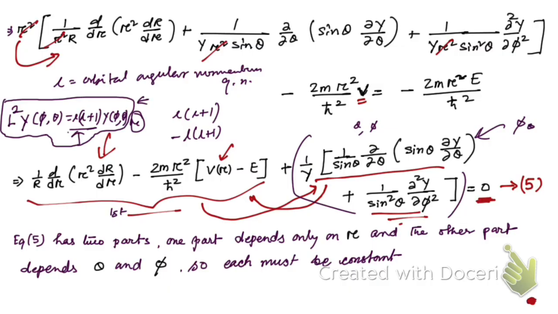Just remember the reason why I have considered each part's constant equal to l into l plus 1. Here is the eigenvalue of this operation: when this L square, the angular momentum operator, operates on this function of phi and theta, it gives l into l plus 1, then again this function.